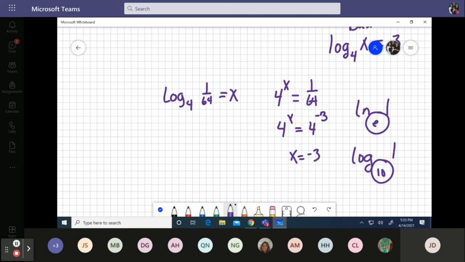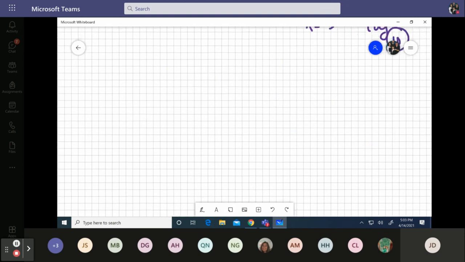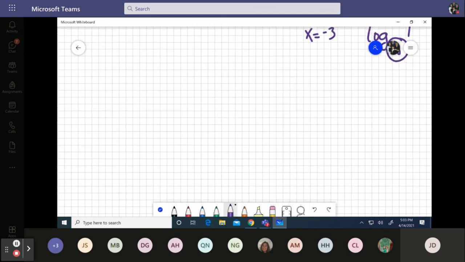If I write 29 as a single logarithm, can I write that as a single logarithm?